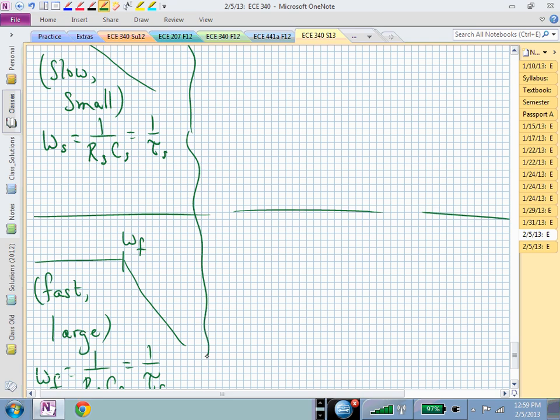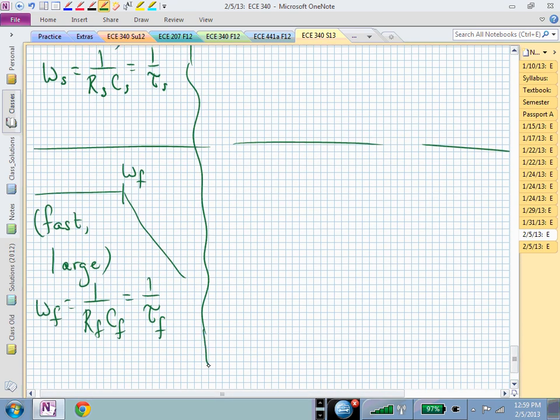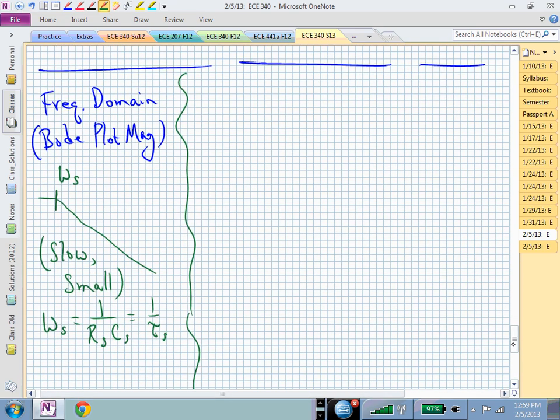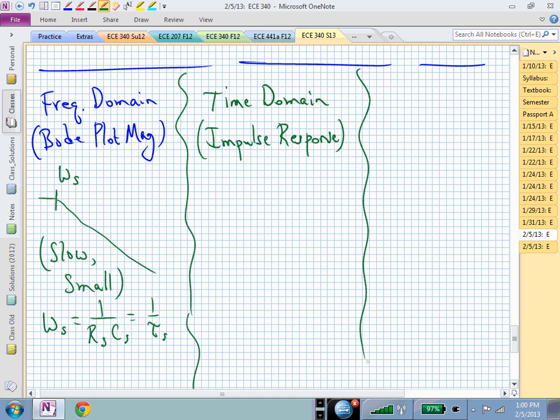Now, if we didn't like to think in the frequency domain, maybe we could also talk about these two systems in the time domain. Meaning now, let's think about the impulse response of this system that has a time constant of tau sub s.